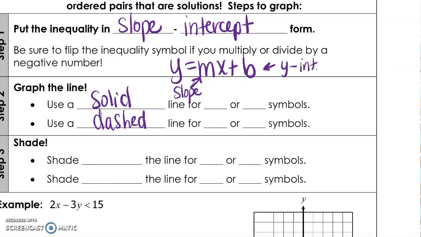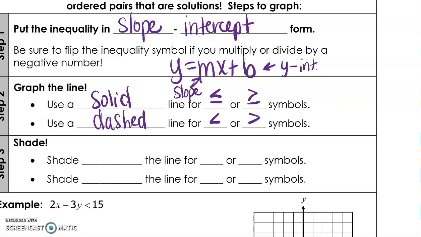A solid means you include the numbers on the line, so less than or equal to or greater than or equal to. So that would be like a closed circle. The dashed line means we're not including them, so strictly greater than or strictly less than. What kind of helps is that if you have a line underneath, your line should be solid. So that's the first difference.